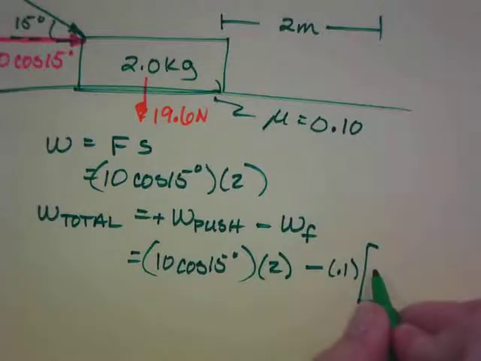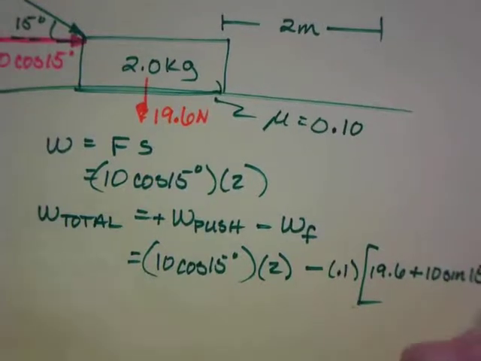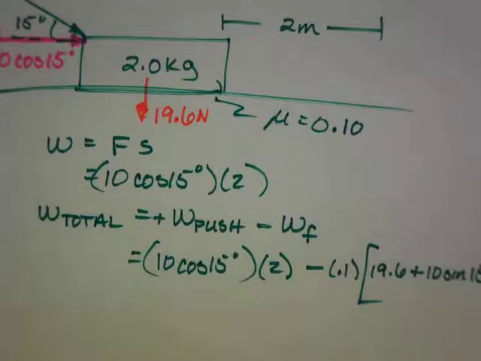So that would be 0.1 times the total normal force. Who can tell me what that would be? 19.6 plus 10 sine 15, right. So that's the total normal force. And the distance is still 2 meters.